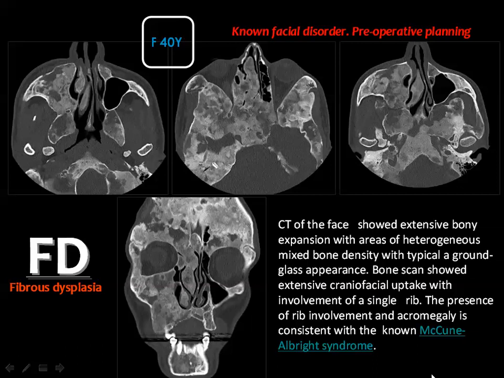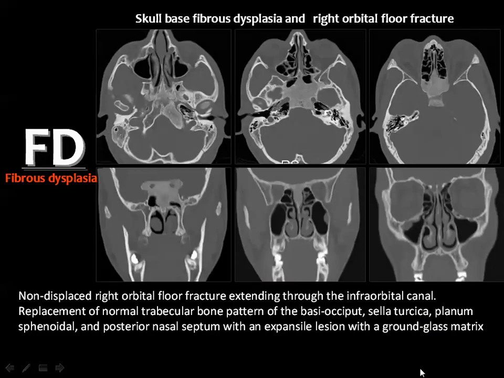This is extensive fibrous dysplasia of the skull base, affecting the anterior, middle, and also the posterior skull base, with encroachment on the orbital cavities as well as the ethmoidal air cells, clearly demonstrated by CT.